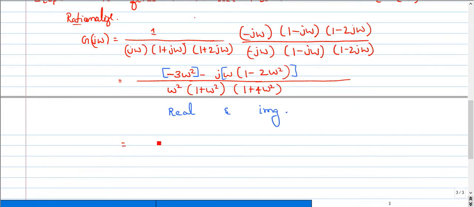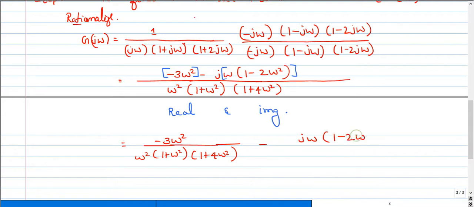My equation is minus 3 omega square, whole divided by omega square, 1 plus omega square, 1 plus 4 omega square, minus j omega 1 minus 2 omega square, divided by the same denominator, omega square, 1 plus omega square, 1 plus 4 omega square.